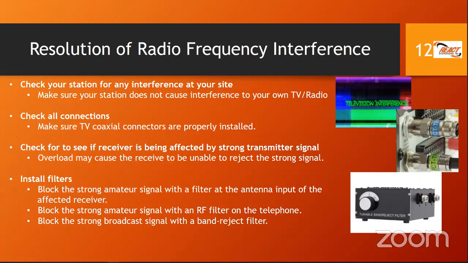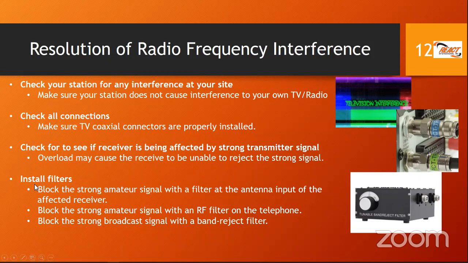Note, you don't want to have your transmitter active when you check your connections. Remember we talked about RF burns? You want to avoid the possibility of that. You can also check to see if the receiver is being affected by a strong transmitter signal. Remember we talked about overload, which can occur because the receiver might not be able to reject the strong signal. So just bear in mind, you can check that.